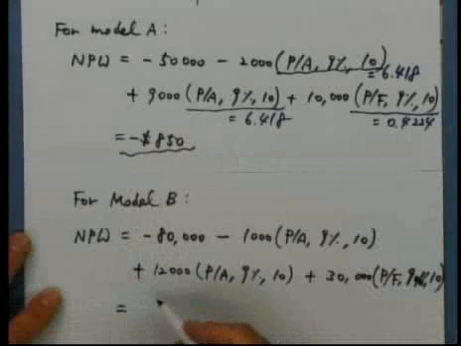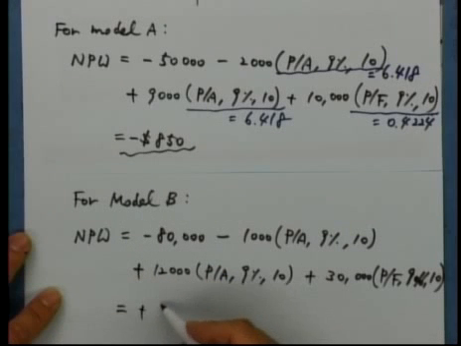Okay, this is going to be a positive value, positive $3,270.